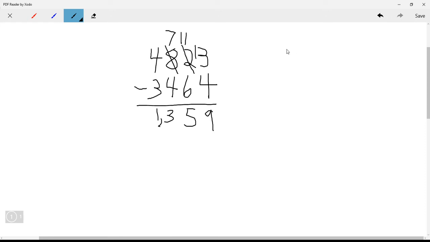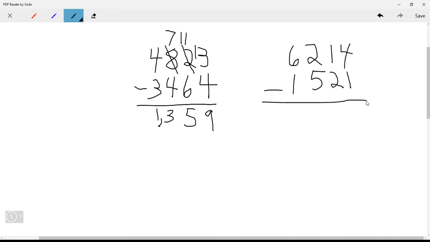So I will do another number as an example without going into how we're borrowing and just show the method. So we start here. We do 4 minus 1. We can do that without borrowing.